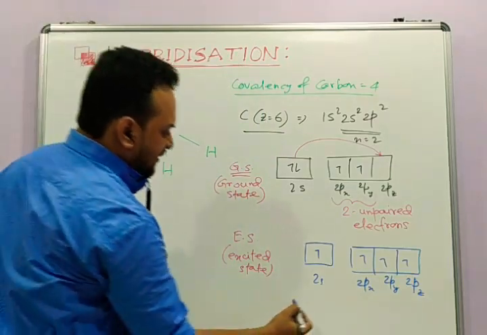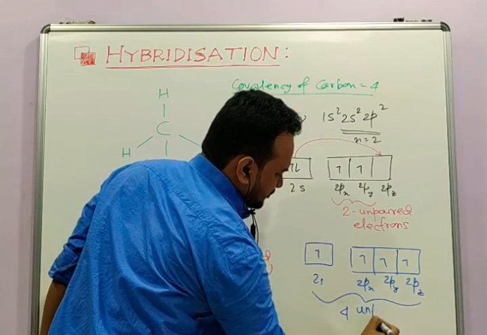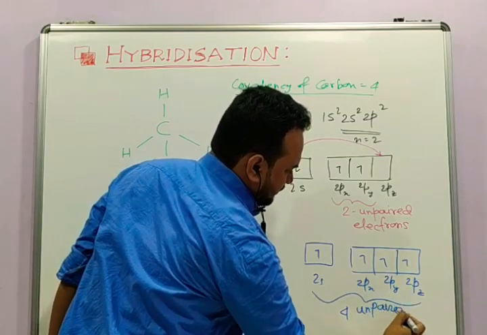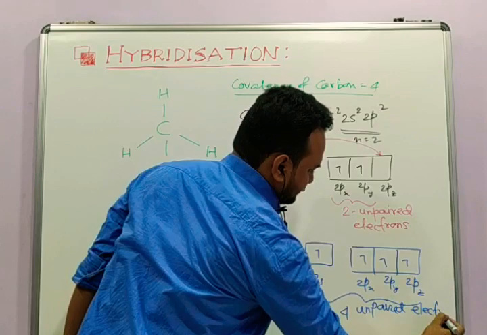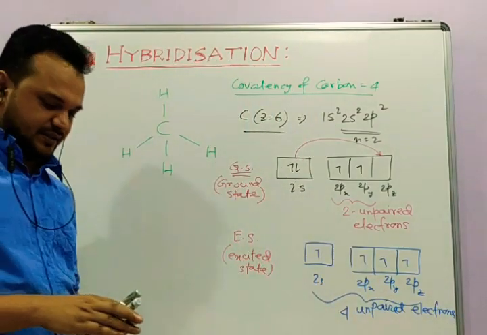So now in the excited state you can find 4 unpaired electrons.